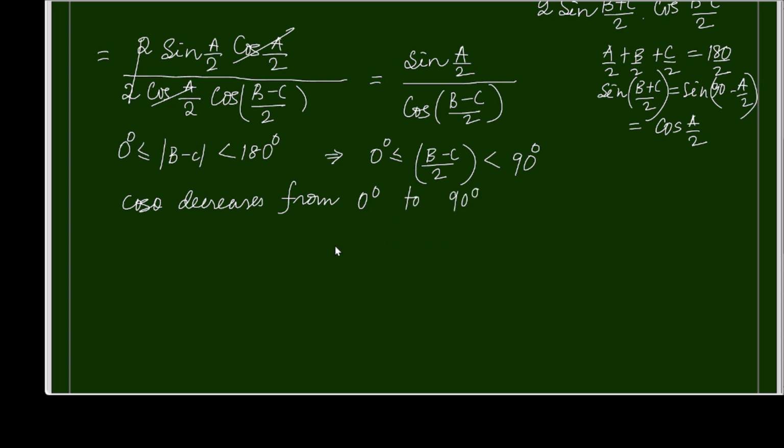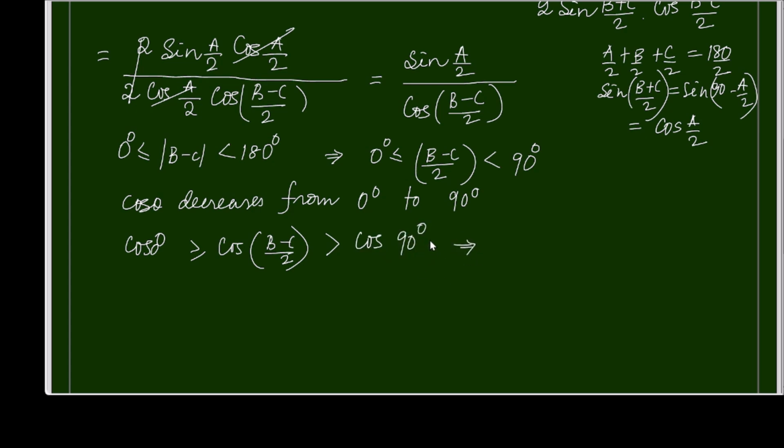So the inequality will change when I take the cos function. So cos 0 degrees is greater than or equal to cos (B minus C) by 2, which is again greater than cos 90.